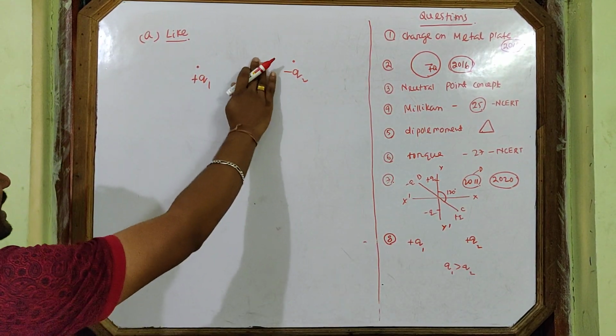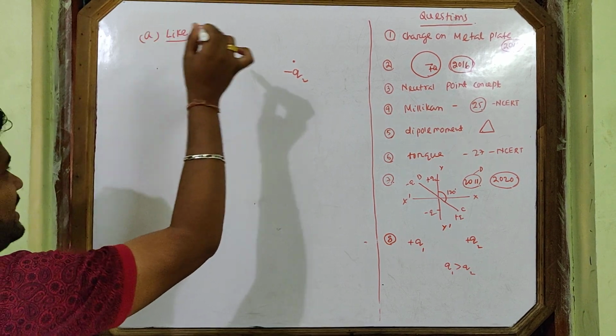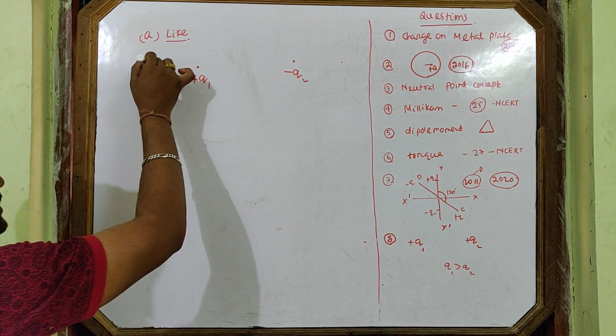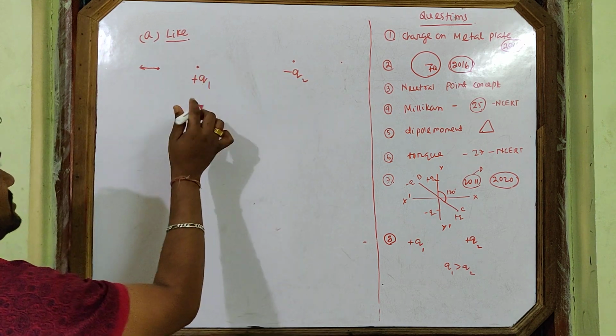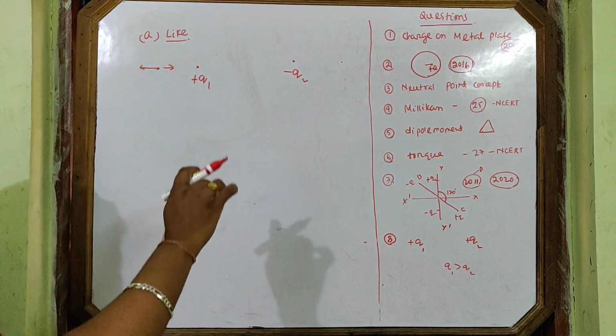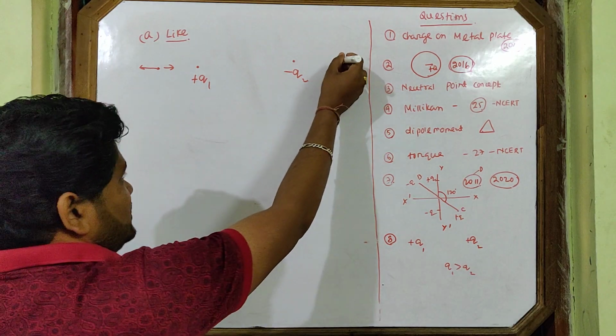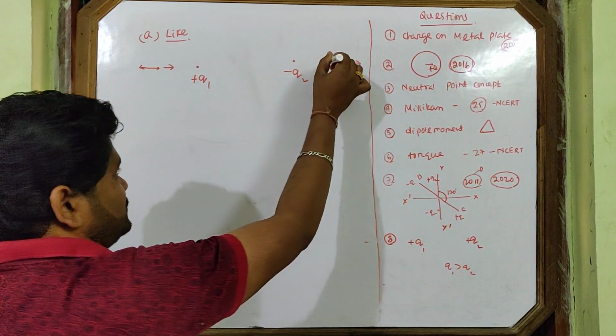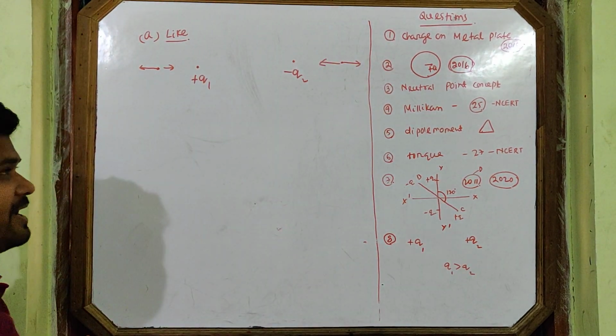So the neutral point lies either on this side or on this side. Because on this side, you see, plus q1 is away and minus q2 is towards, so there is a chance of cancellation. Here also plus q1 is away, minus q2 towards, chance of cancellation.